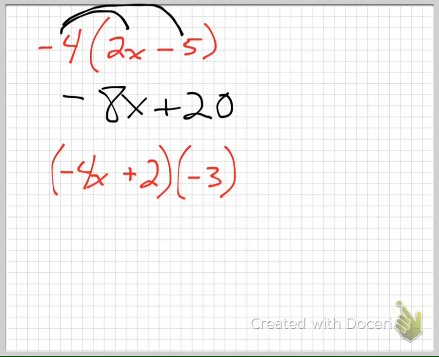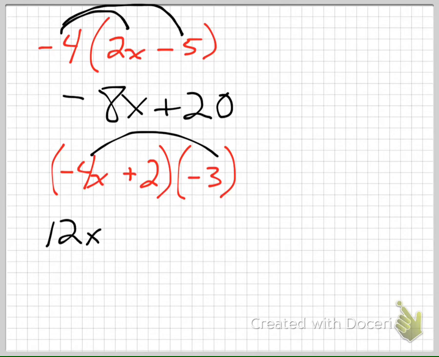This one, do I really need to shift the negative 3 over here? Do I need to do that? No. I could if I wanted to. It's just you don't need to. Negative 3 times a negative 4x. Did you say negative 12x? But look, it's a negative 3 times a negative 4x, so it's positive 12x.